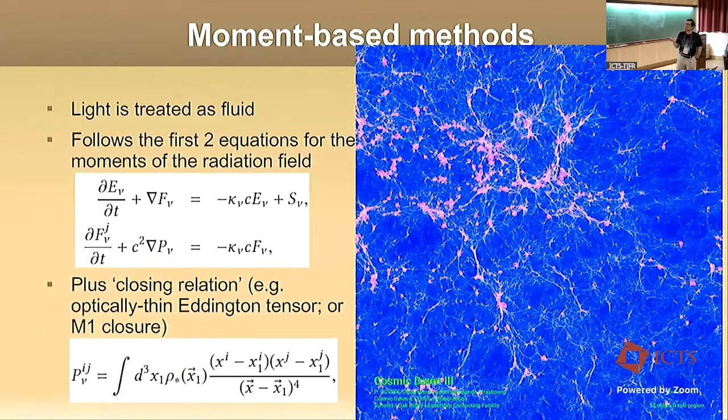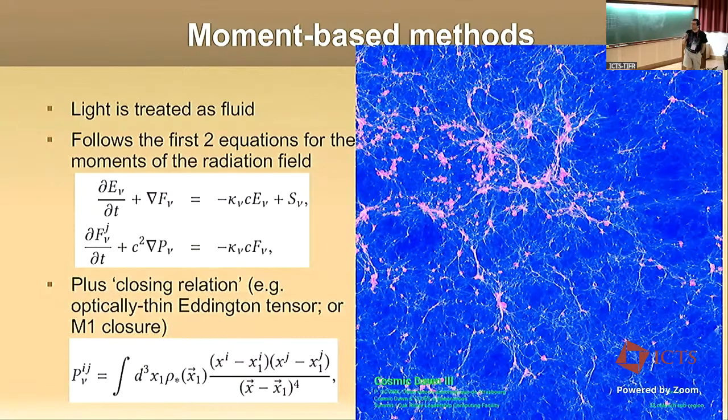And there are different closure or closing relations. One of them, developed a long time ago, is the so-called optically thin Eddington tensor, which I'm not going to go into the details of, but basically the Eddington tensor looks like this. And there is, yeah, optically thin approximation. So that's not optically thin gas, it's optically thin Eddington tensor, which is not the same thing.